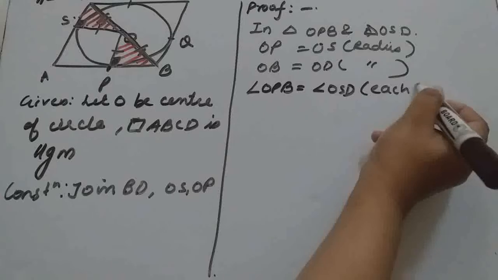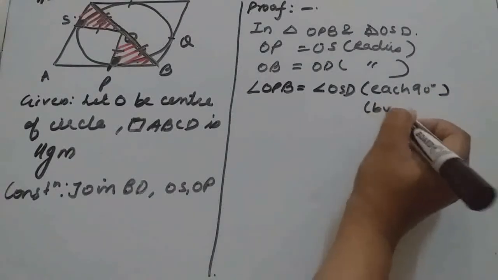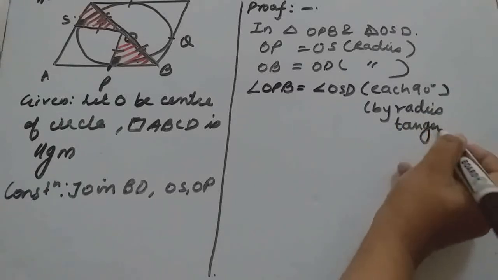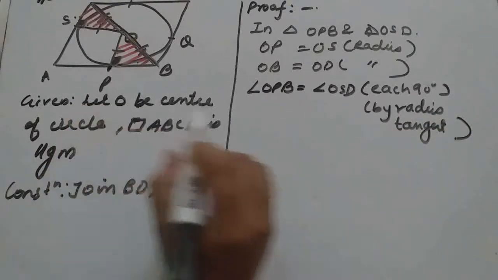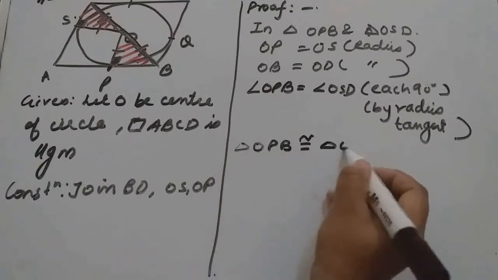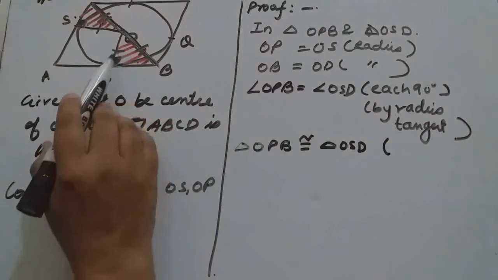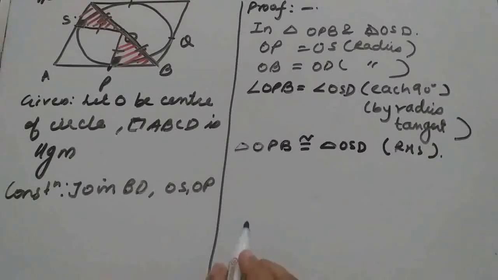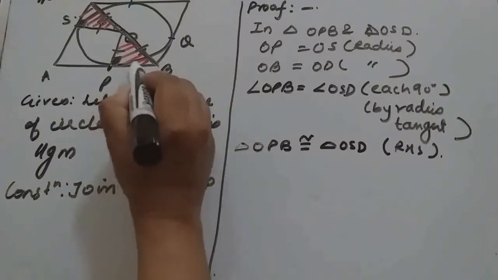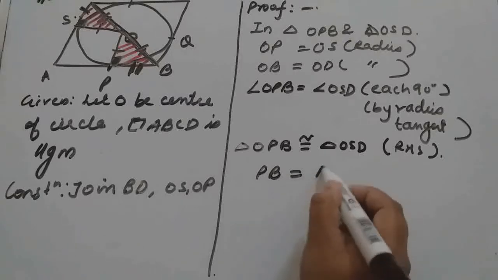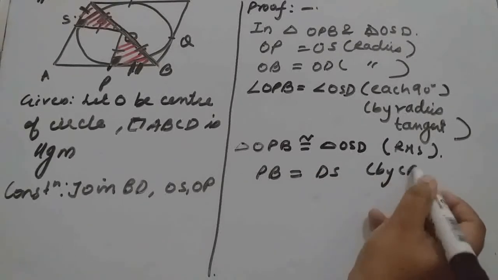Each 90 we can write by the radius tangent theorem. So now we proved that triangle OPB is congruent to triangle OSD. See, right angle, side and hypotenuse, so RHS criteria. So now we can write it by CPCT. So we will write PB and DS are equal. PB equal to DS. This is by CPCT.